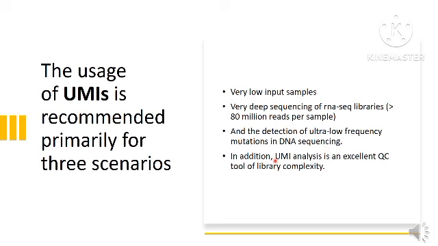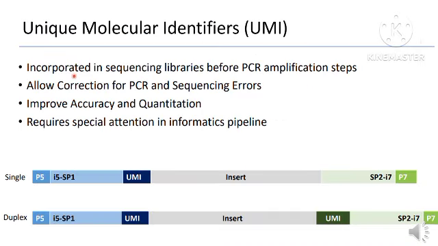In addition to that, UMI analysis is an excellent QC tool of library complexity. So at what step are we using unique molecular identifiers in our sequencing? UMIs are incorporated in sequencing libraries before the PCR amplification step.